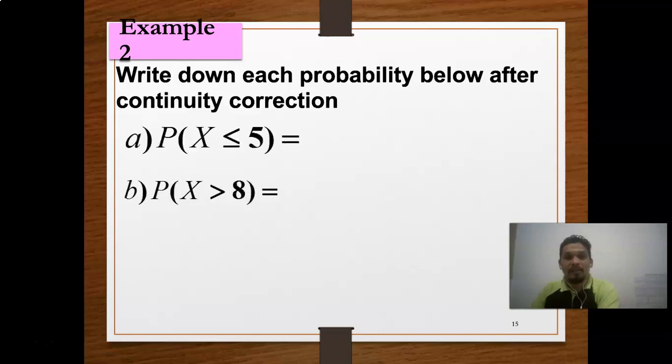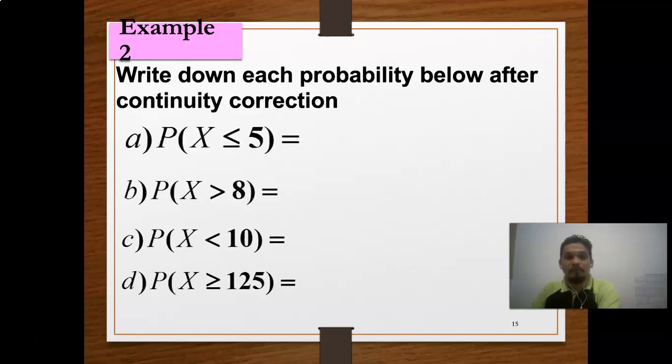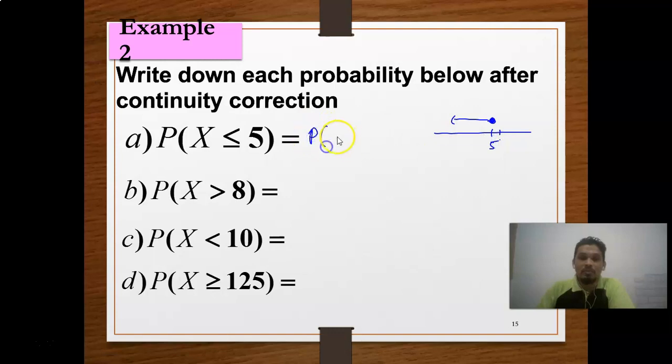Okay. Write down each of the probabilities after continuity correction. So then x less than or equal to 5 includes 5, so 5 is one of the answers here. For this x less than or equal, we add 0.5 here, which is probability of x less than 5 plus 0.5, 5.5.